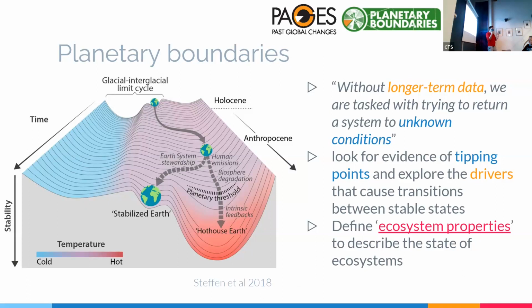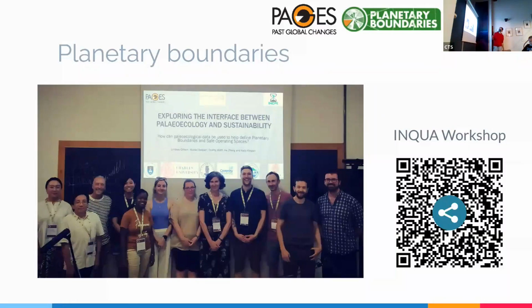So we need to define variables which will help us define the current state of the ecosystems, right? So we need to describe them somehow, hopefully statistically. This is what I'm doing. So in this framework, the planetary boundaries working group is a very young group. We have our first meeting now in July in INQUA, which is a huge conference in Rome.